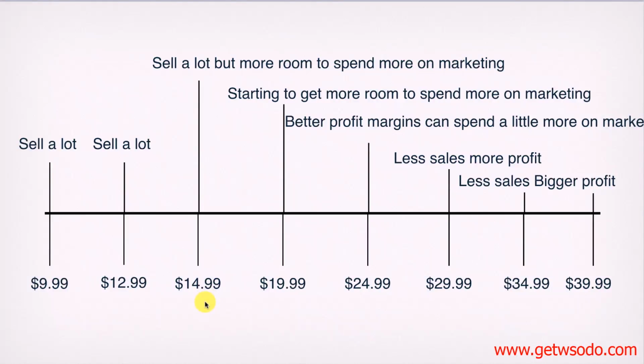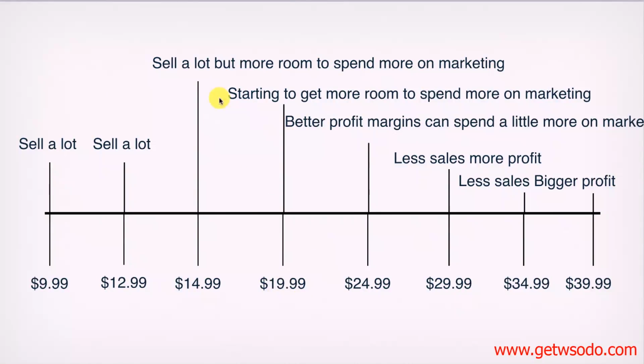You have more room for advertising, so you can test a little bit more. You can let your adverts run a little bit longer, stretch them out to see if they're going to work. So you don't have to sell as much once quite a lot of sales start coming in.